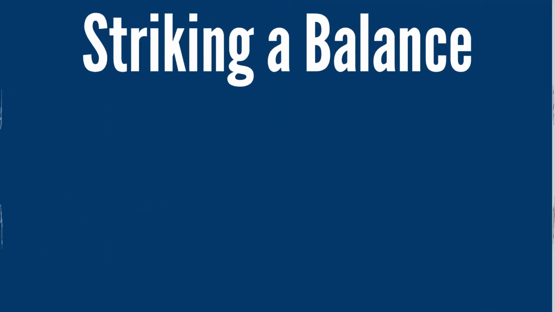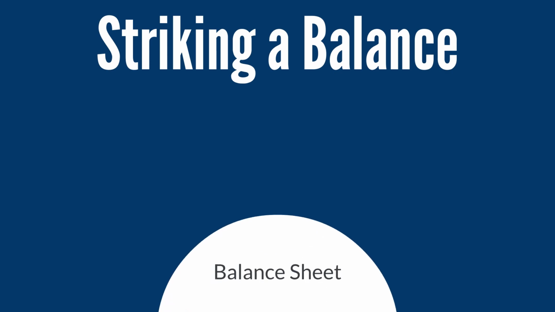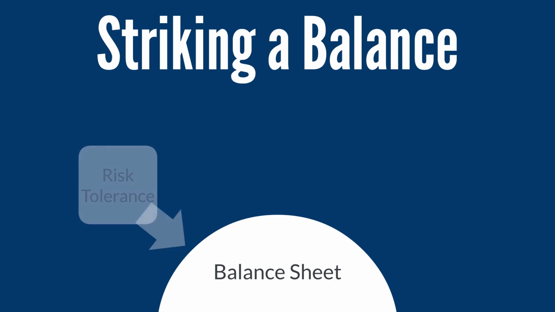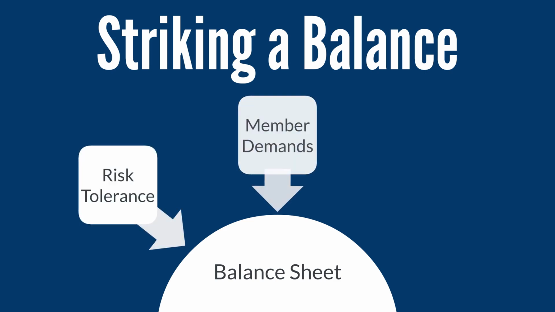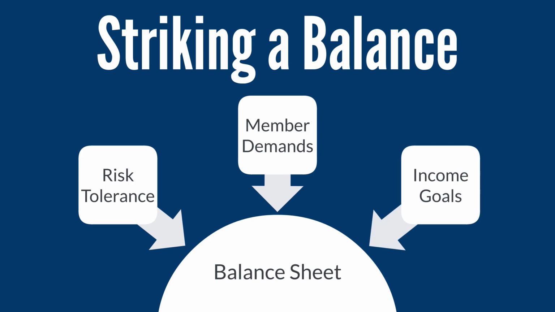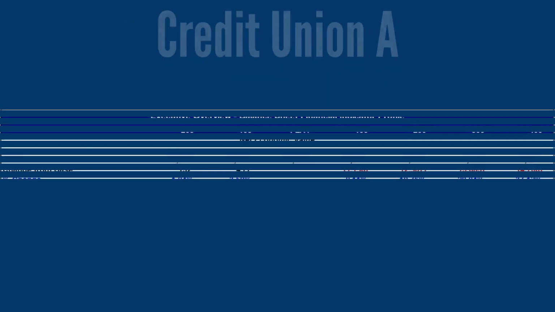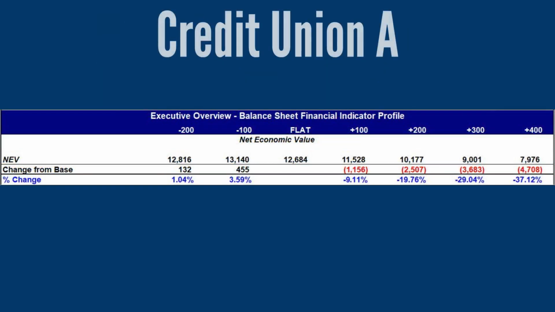Each credit union is different and needs to arrive at their own balance of short-term and long-term assets. Different risk tolerances, membership demands, and income goals will lead each credit union to arrive at the balance that works best for them. Let's return to the example of our two credit unions.